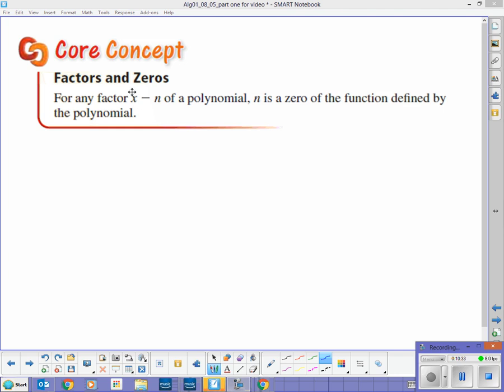So we factor it down into a binomial, we set it equal to zero, and then we know, again, it's like the opposite with negative n. If x minus n equals zero, then x equals n. That's our zero. Like it says, n is a zero. Again, use that. Think about what that vocabulary means. We just introduced it to you.